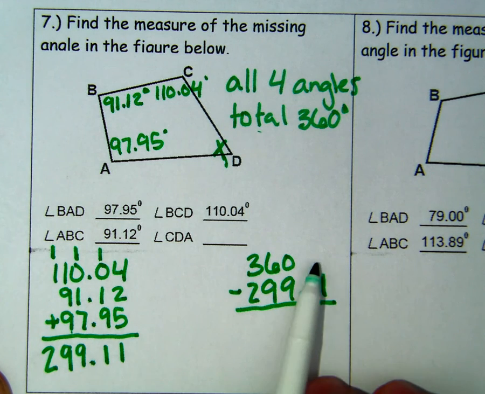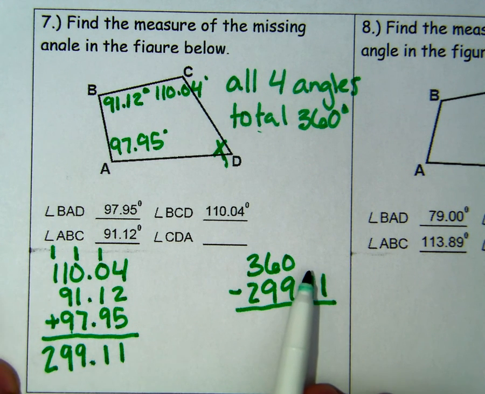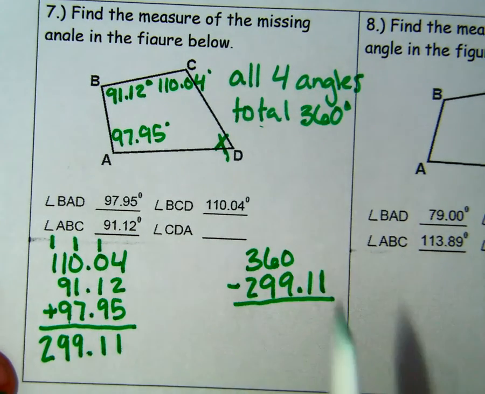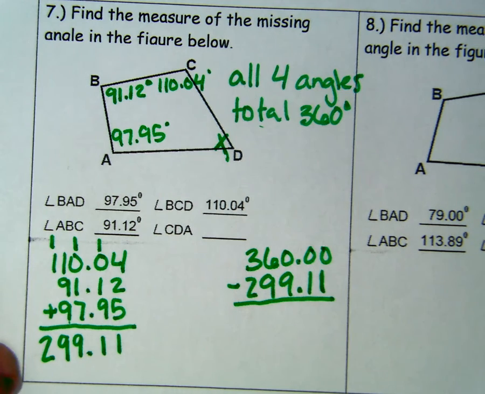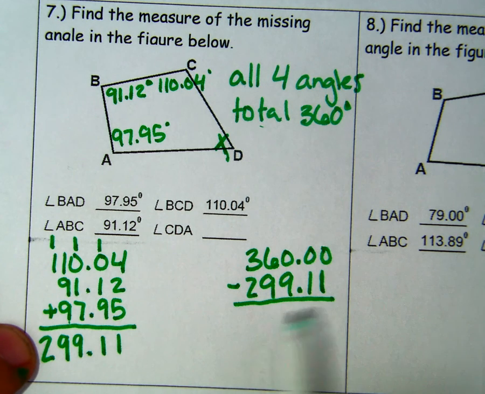But we don't have anything here that we can take the 1100ths away from. So in order to have at least a placeholder there, we'll make sure that we put our decimal and fill in a couple of placeholders. That way, if it looks like we might need to borrow, we have some place to borrow it to. So now let's subtract.